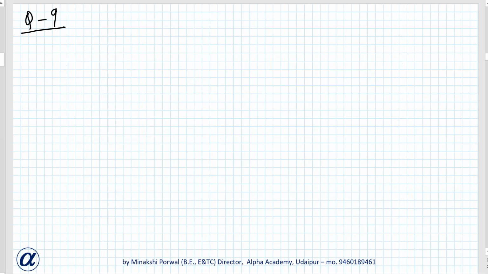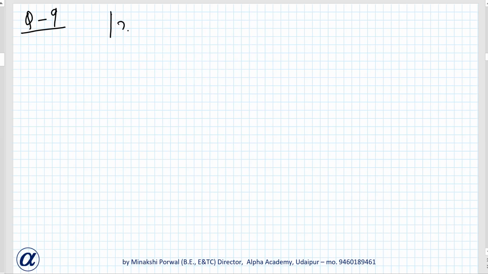Find magnitude of X if for a unit vector A, X minus A dot X plus A equals 12.